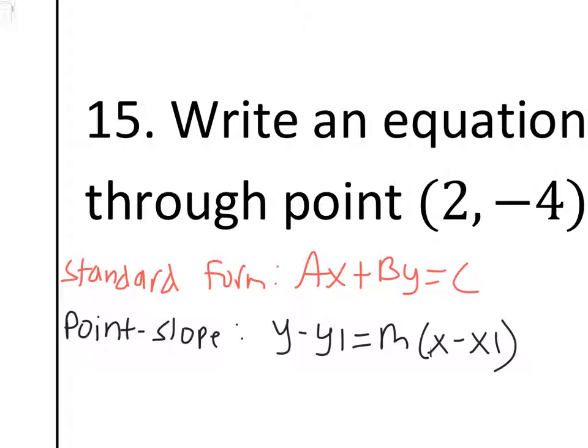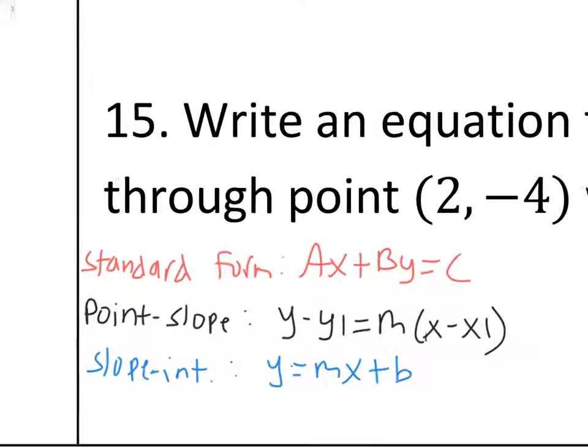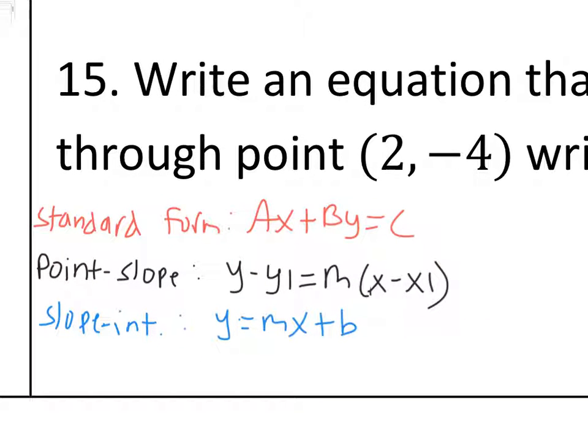And then the last one is your slope intercept form, which I'll abbreviate as slope int. That's just your y is equal to mx plus b. There's your 3 forms of equations of a line.